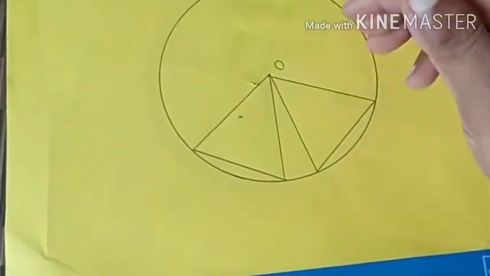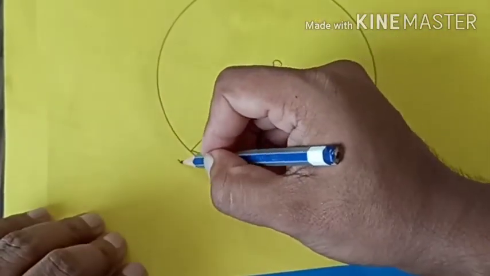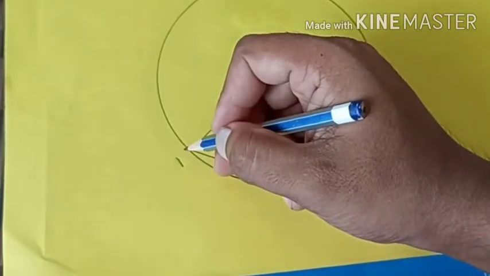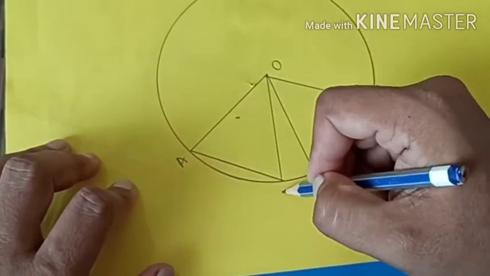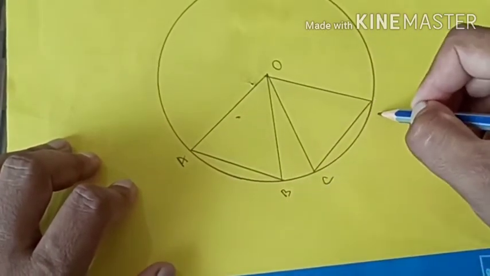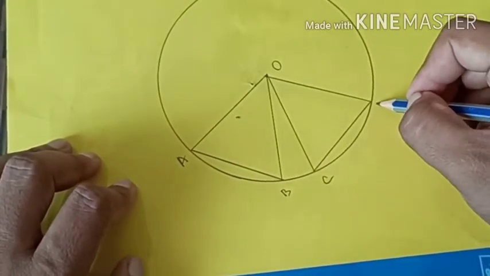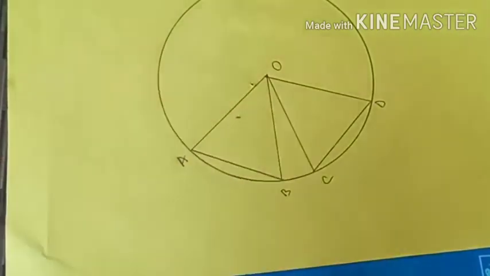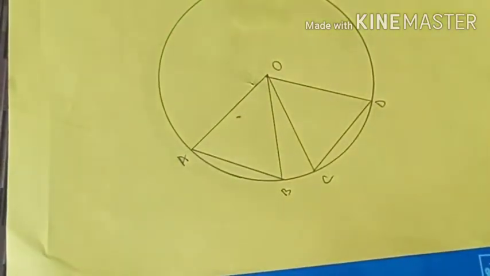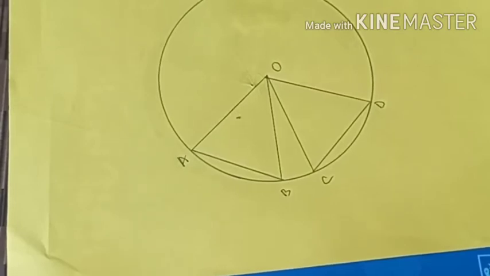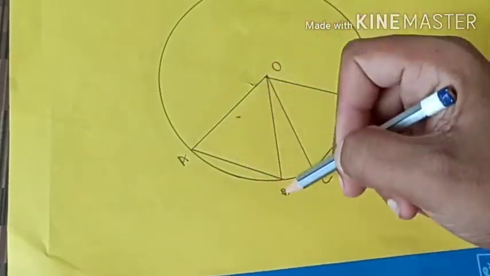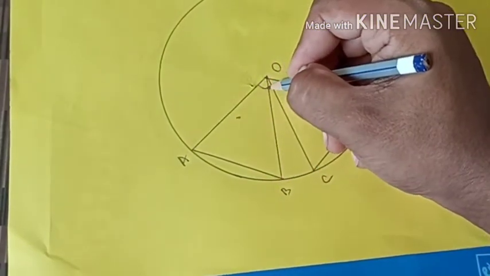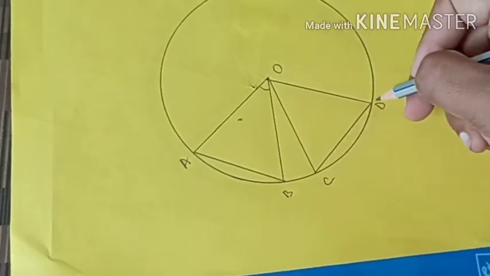So here let us take A, B, C, D. Okay. So here we have four points A, B, C, D, and we have taken the center as O. So here you can see angle AOB is one angle, and another angle is COD.